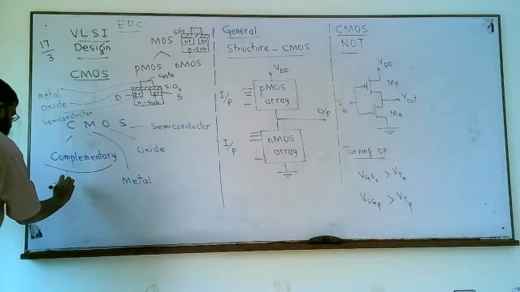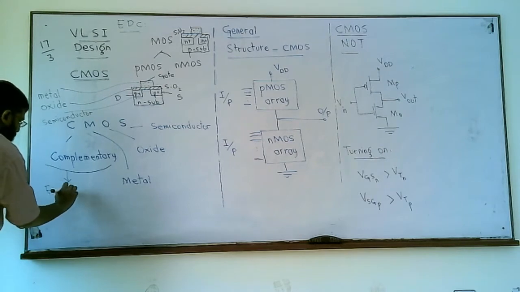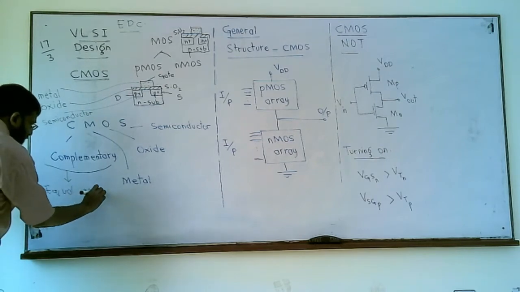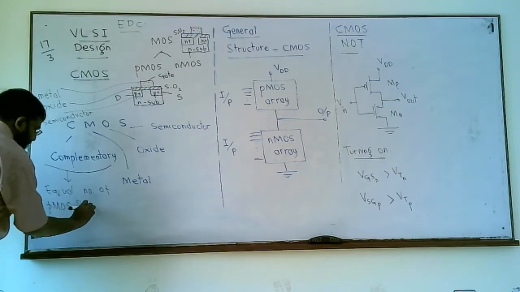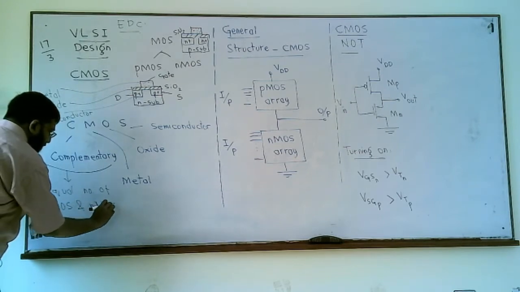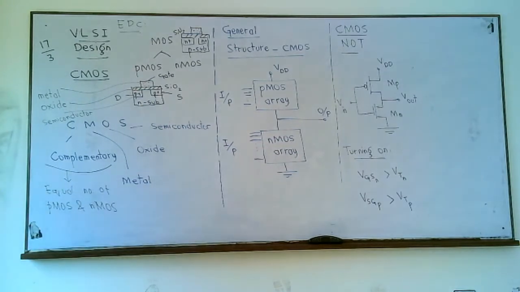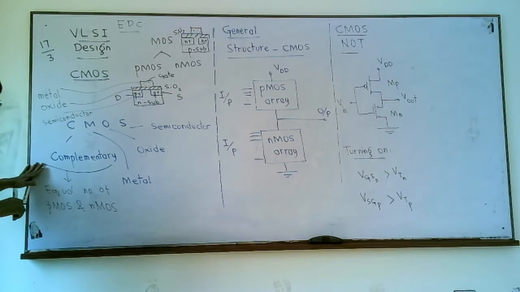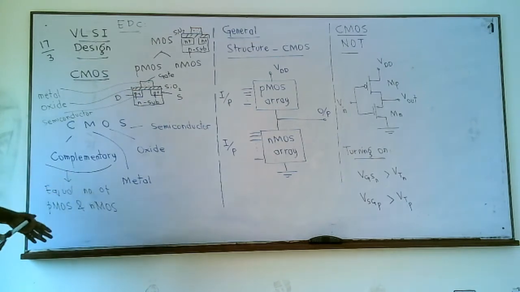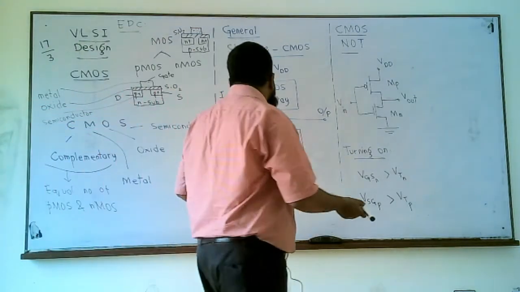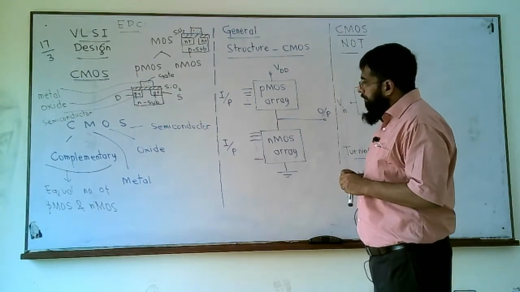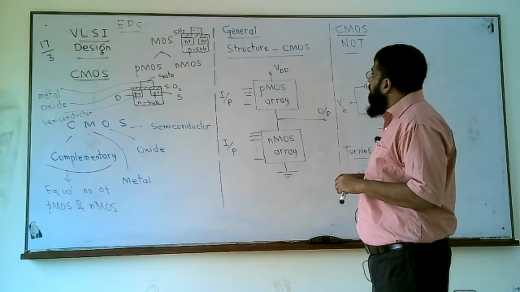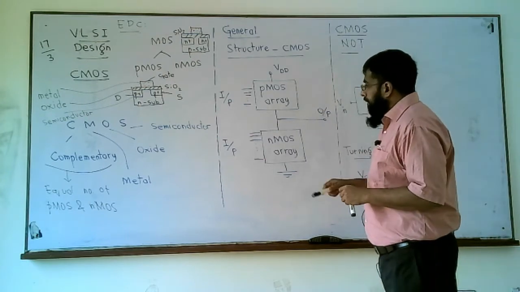Because we have an equal number of pMOS and nMOS transistors to implement any given Boolean expression using CMOS. That is why we call it complementary. Because pMOS and nMOS are complement of each other. Therefore, we call it complementary MOS. So we have this complementary MOS arrangement to implement any given Boolean expression.